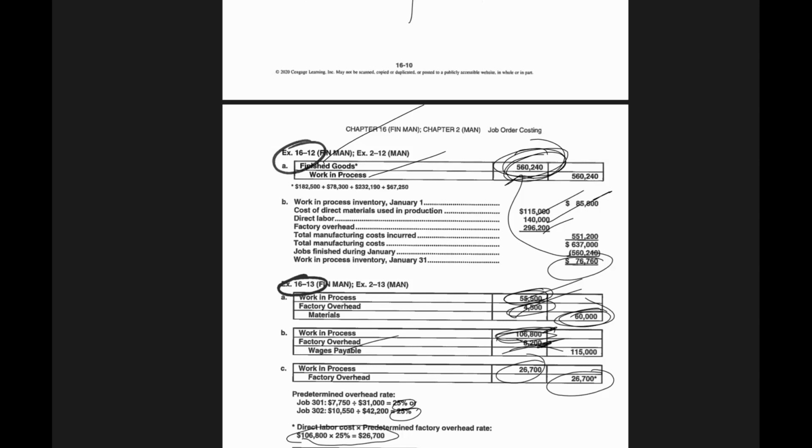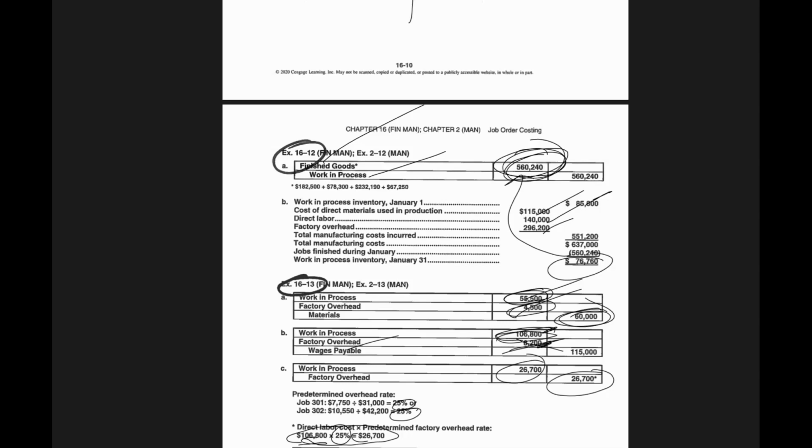We can use that rate because we see in 301 and 302 it's 25%. Then if we add up all of 301, 302, 303, 304, the direct labor costs, which we did right here, 106.8 times that predetermined overhead rate, we're going to apply that to the job.